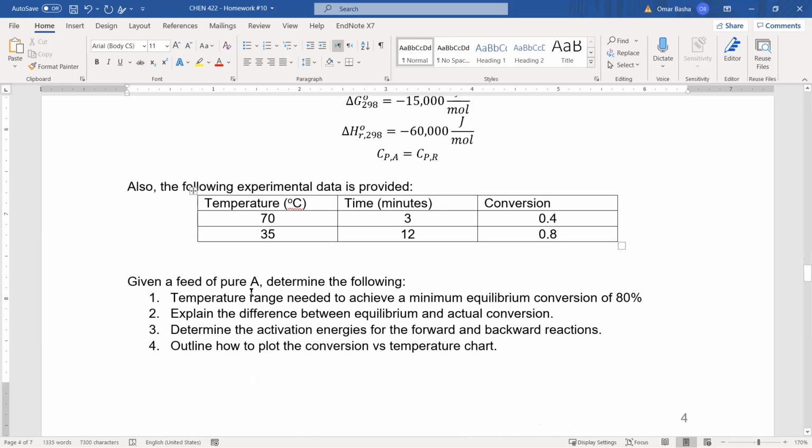Given a feed of pure A, determine the temperature range needed to achieve a minimum equilibrium conversion. Explain the difference between equilibrium and actual conversion, determine the activation energy for the forward and backward reaction, and outline how to plot the conversion versus temperature chart. Again, this has been solved in homework number 8, but we can go through it again.